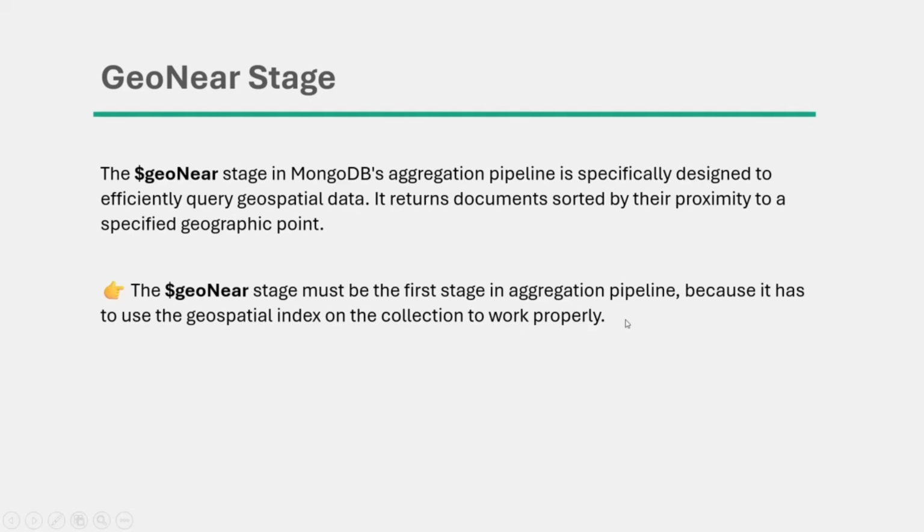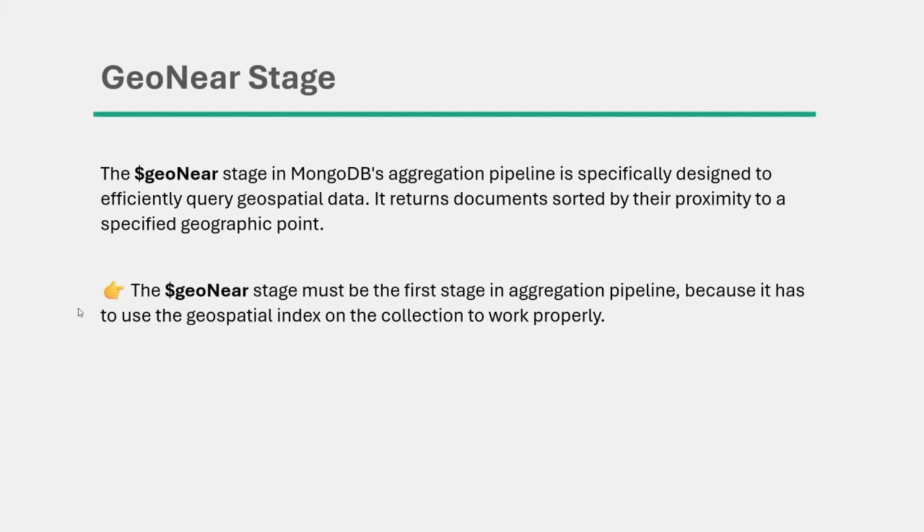So in the previous section, we learned that when we were using geospatial operators like $near, $within, or any other geospatial operator, it required a geospatial index on the field which was storing the location. And same is true for this geoNear operator also. In order for this geoNear operator to work properly, it needs to utilize the geospatial index created on a field which is storing the coordinates. And we create an index on a collection.